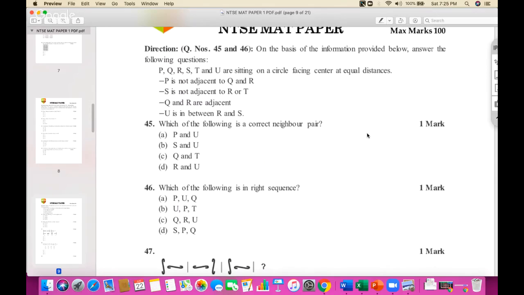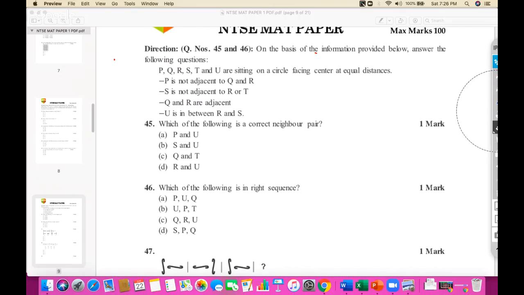Okay, what's the answer? Well, let me make a circle for this.